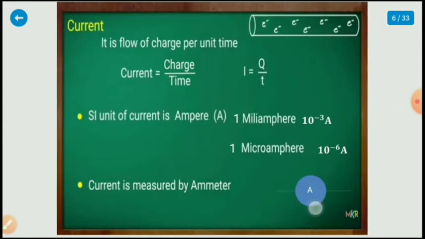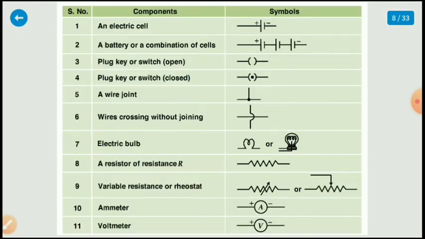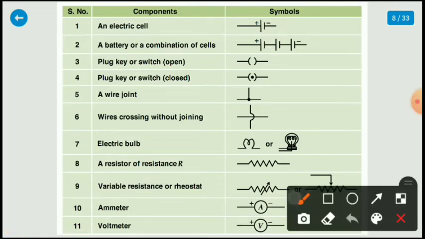These are the symbols we use in circuit diagrams. First of all, an electric cell is represented by this symbol, with plus and minus.